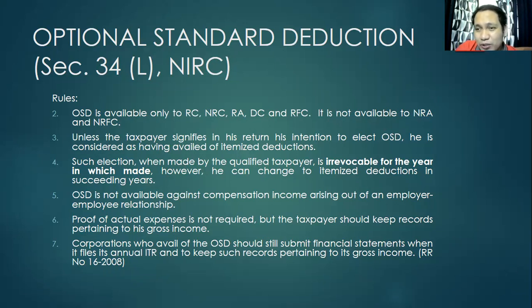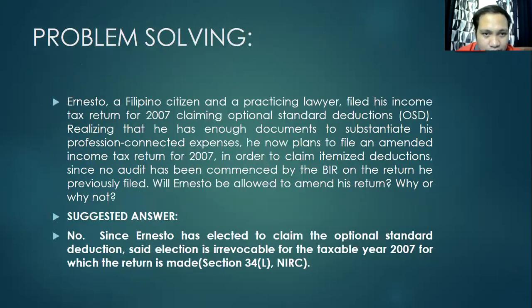Hindi mo na pwedeng baguhin yon kapag magpa-file ka na ng consolidated return mo in the taxable year. Okay? For 2019. However, pag comes 2020, pwede ka na mag-avail ng itemized deduction. Pwede mo na siyang palitan. Pero within the same year, hindi na pwedeng pabago-bago.